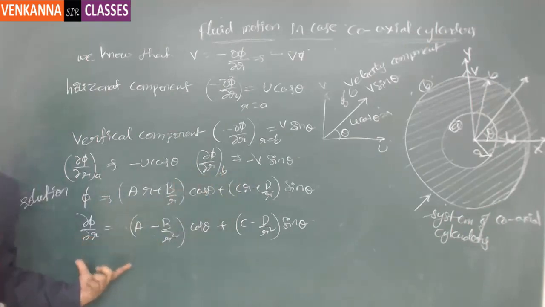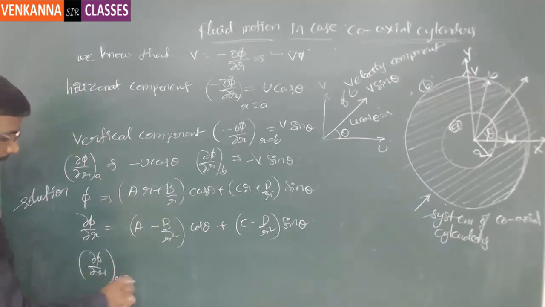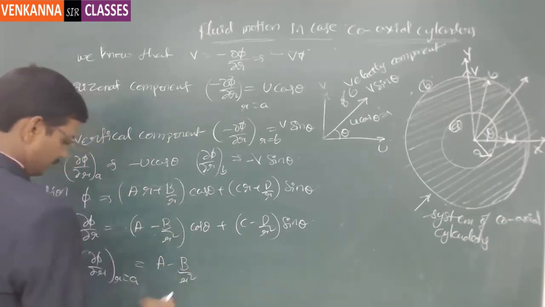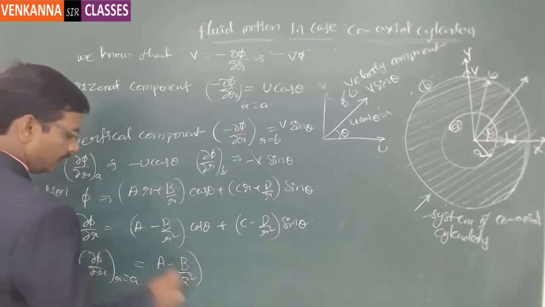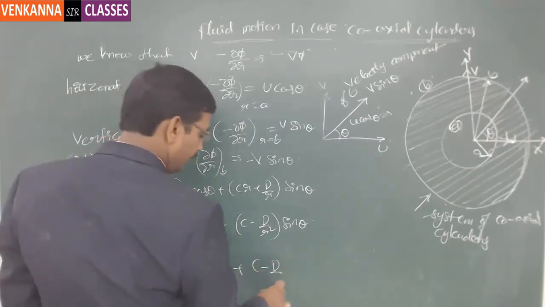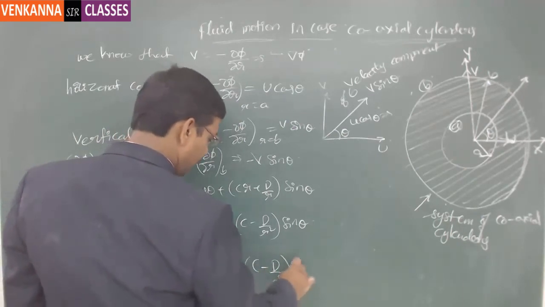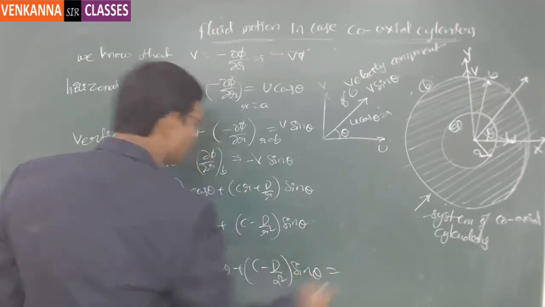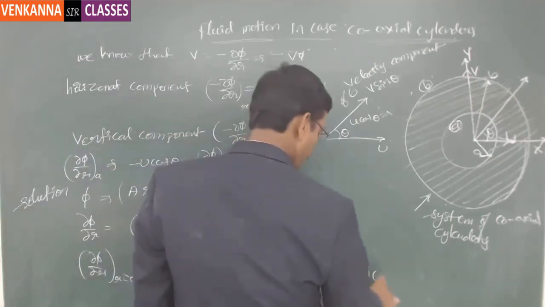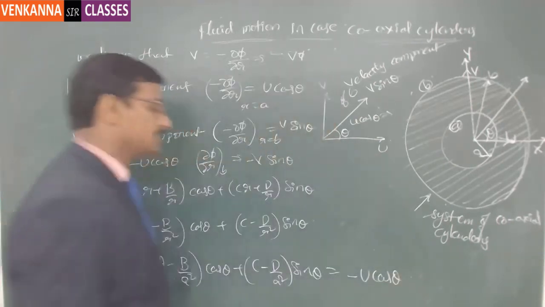Now if you equate correspondingly, ∂φ/∂r at r equal to a is (A − B/a²) cos θ + (C − D/a²) sin θ, and this is equal to minus u cos θ.